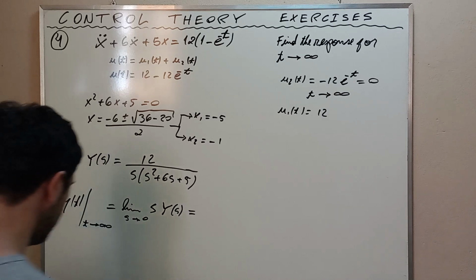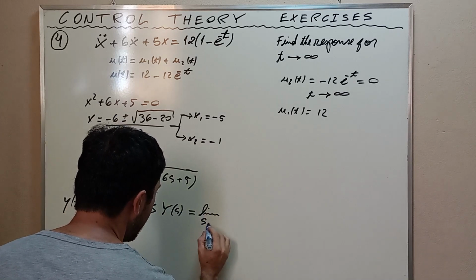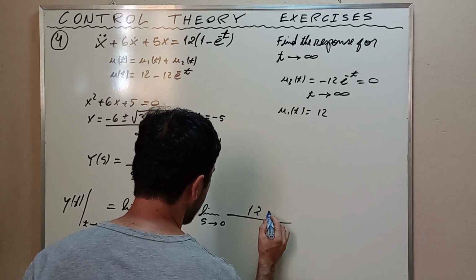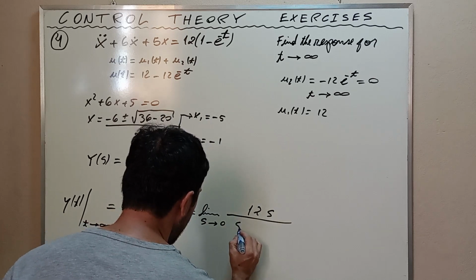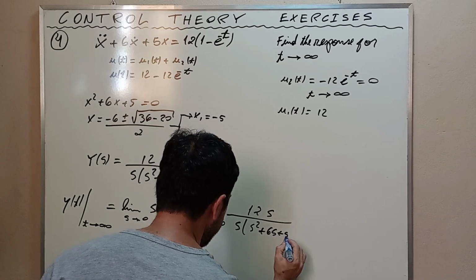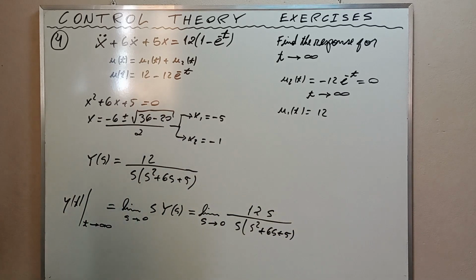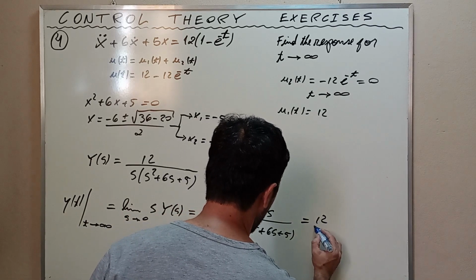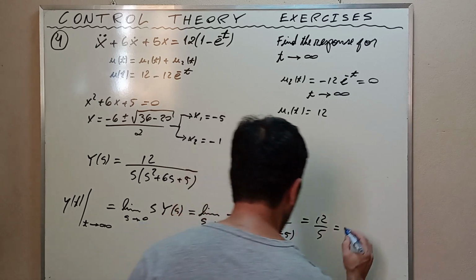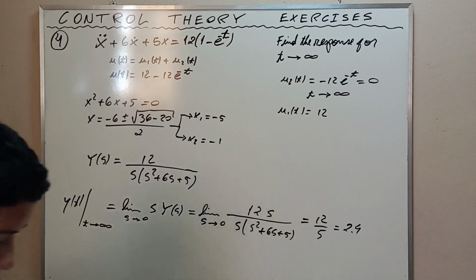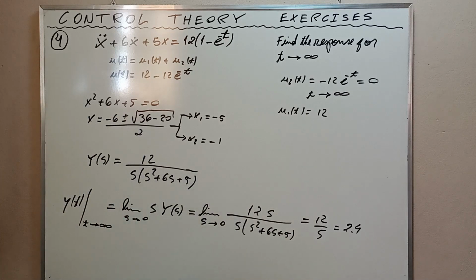And this is equal to the limit when s goes to 0 of 12 times s over s squared plus 6 times s plus 5. And if we take the limit, we get 12 over 5, which is equal to 2.4. Alright, my friends, this is the final value of the output when subjected to the aforementioned forcing terms.